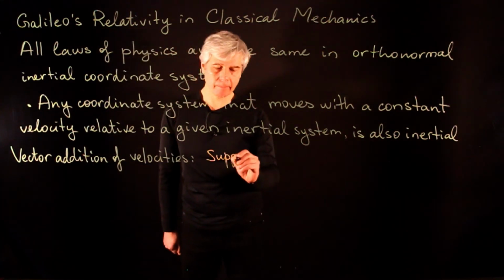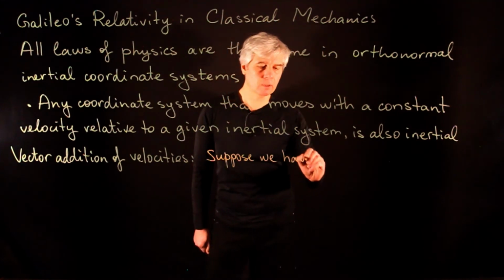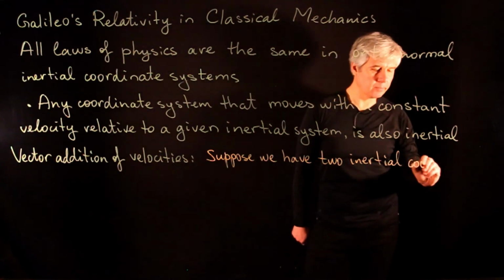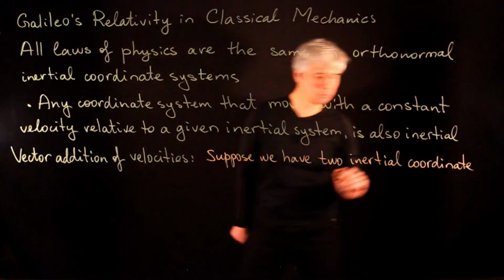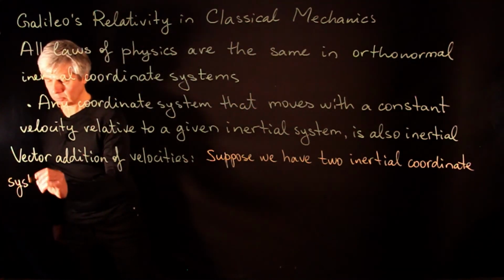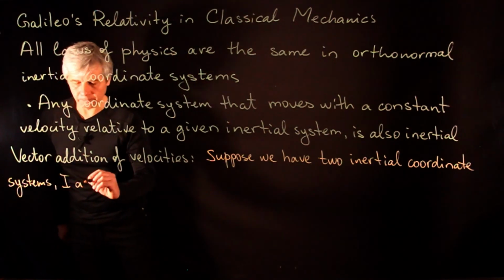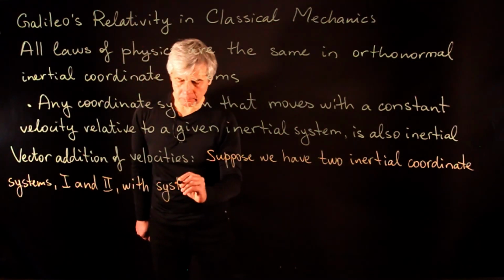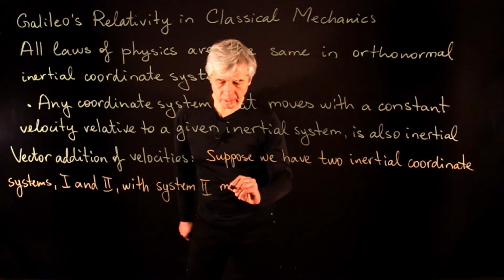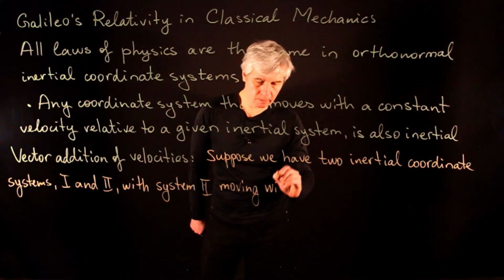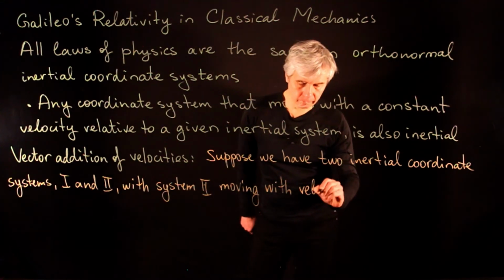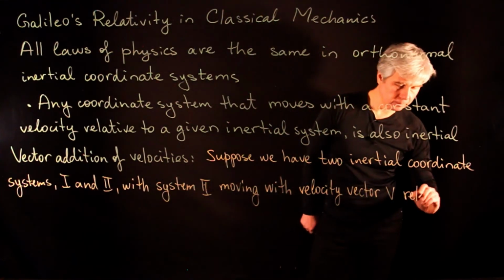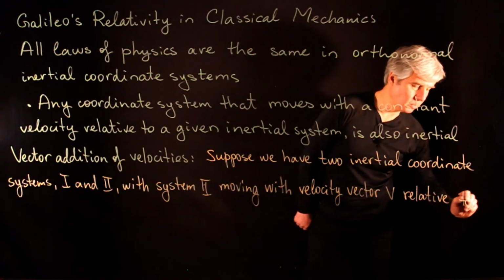Suppose we have two inertial coordinate systems, one and two, with system 2 moving with velocity vector v relative to system 1.